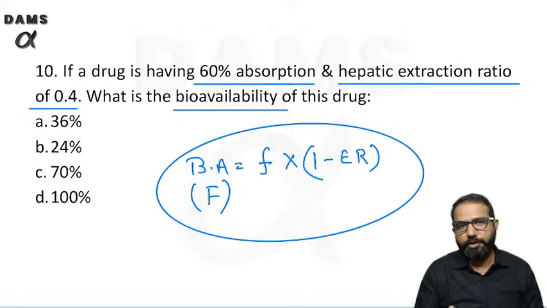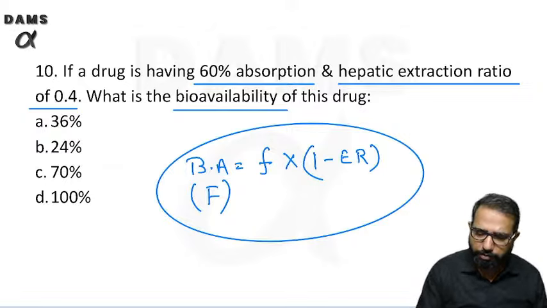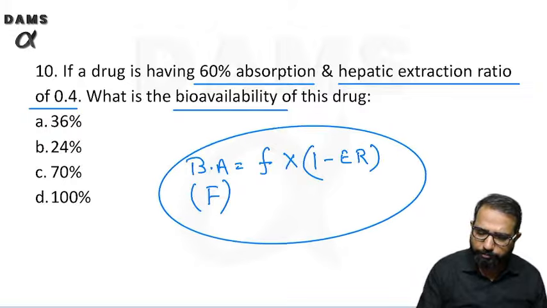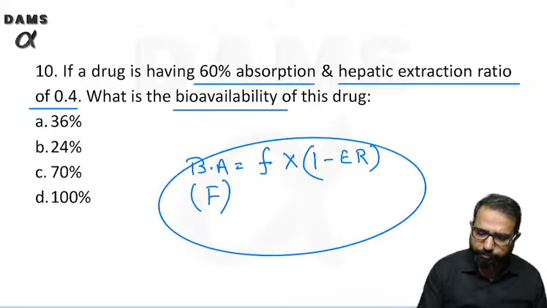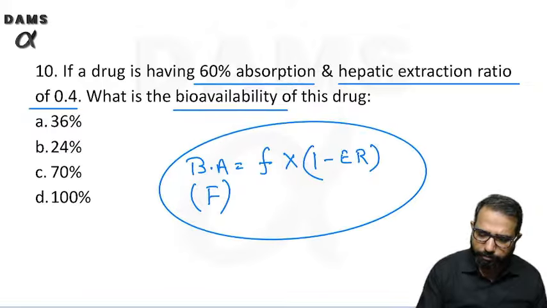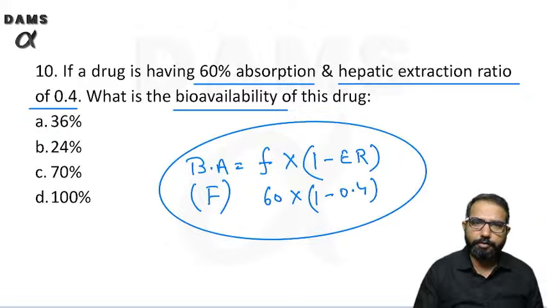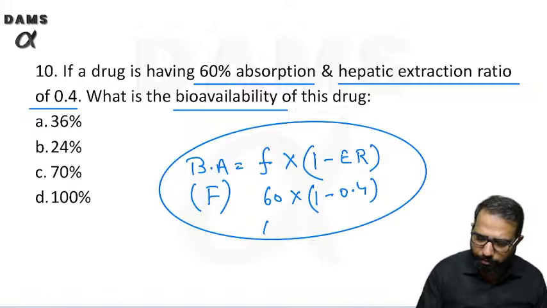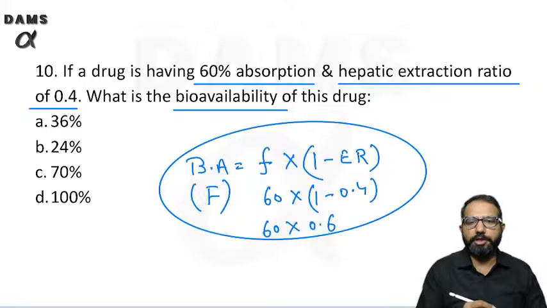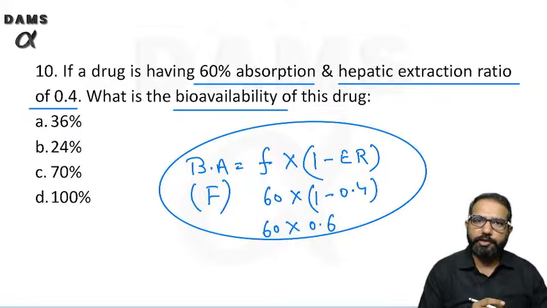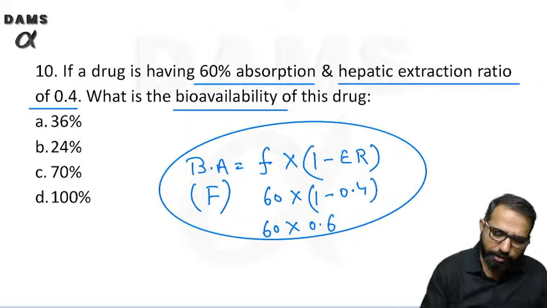You can see F is equal to 60 multiplied by 1 minus ER, that is 0.4. So 60 multiplied by 0.6. So you get the answer. What is the correct answer? The bioavailability of this drug is 36%.